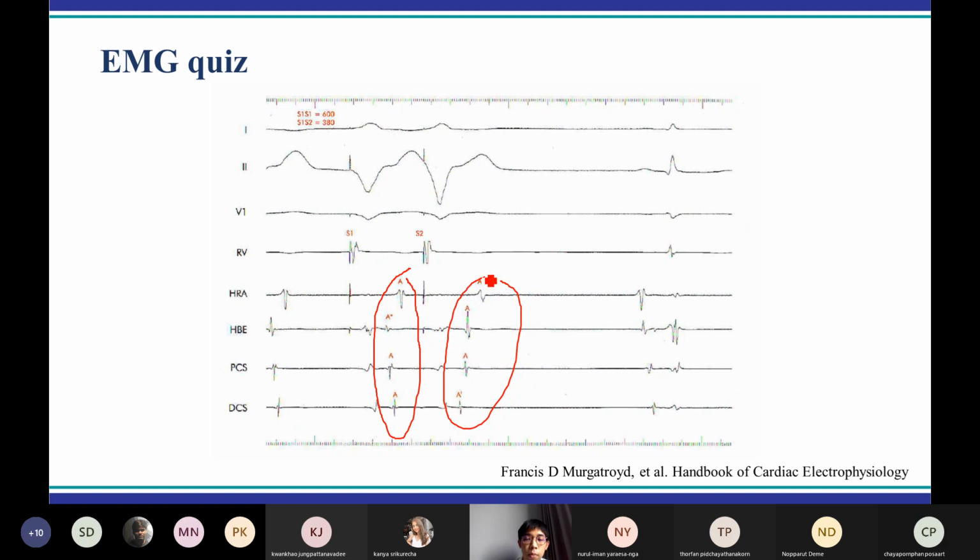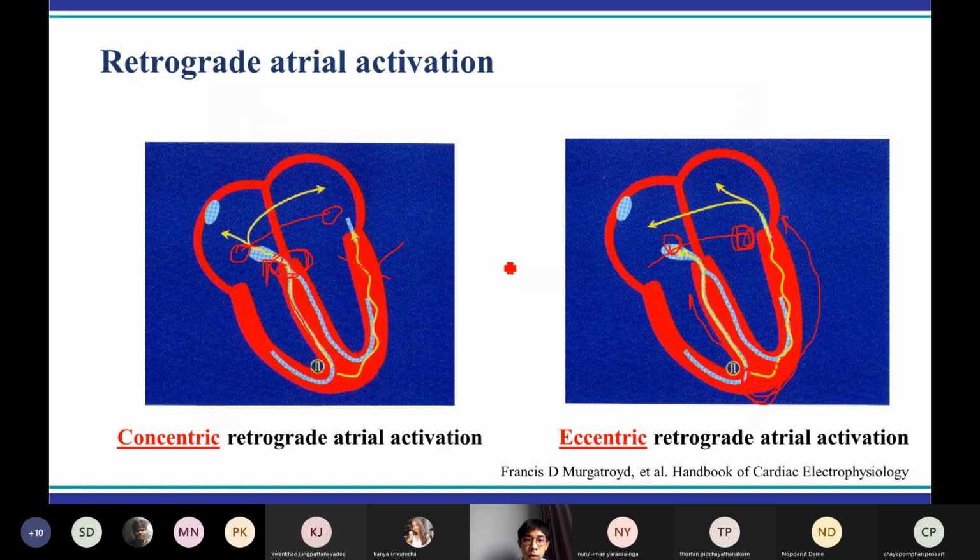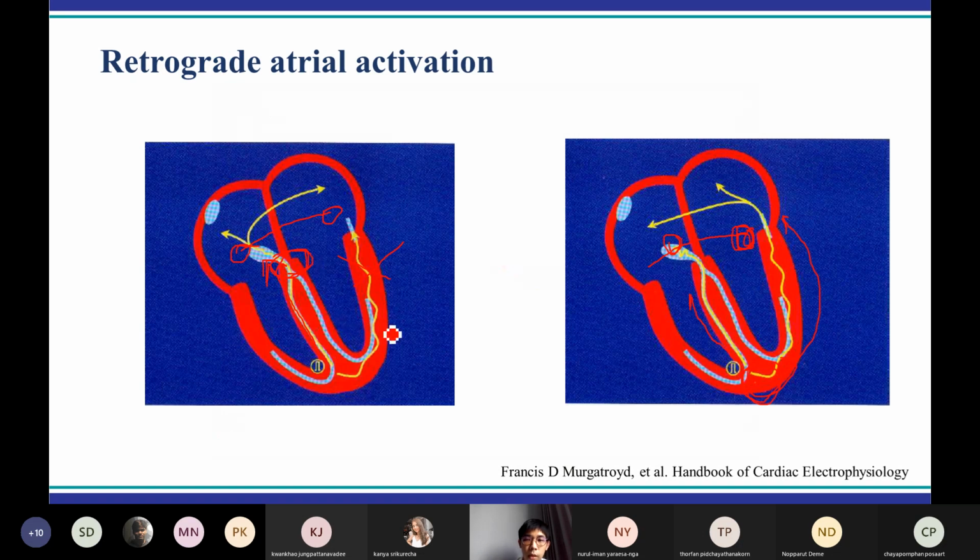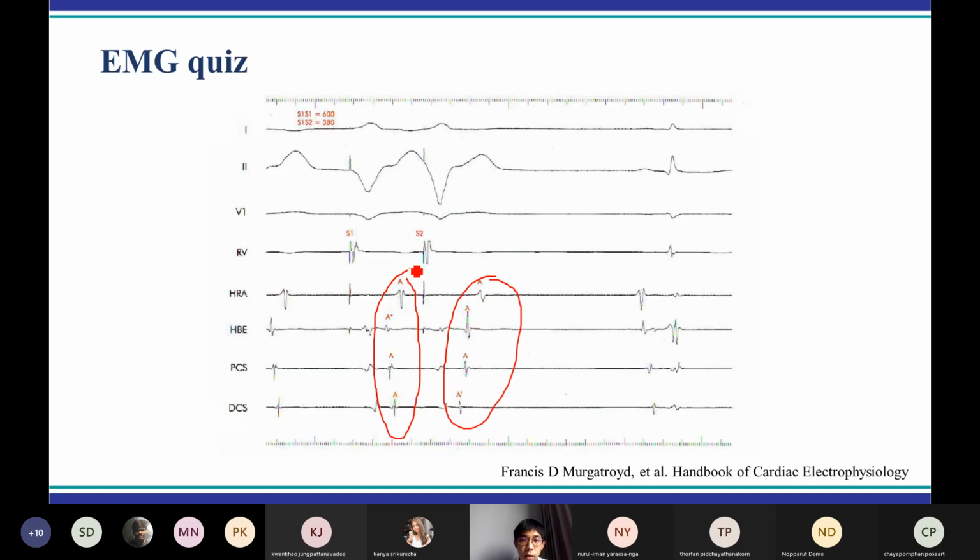And it happens because, when you go back to this slide, there must be some block in the AV node. The first one, this one, the signal goes up through the His bundle and AV node to the atrium.